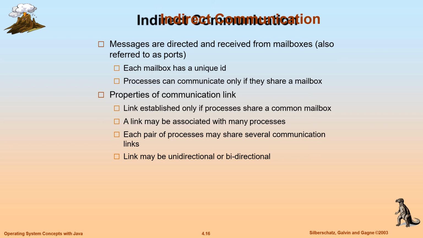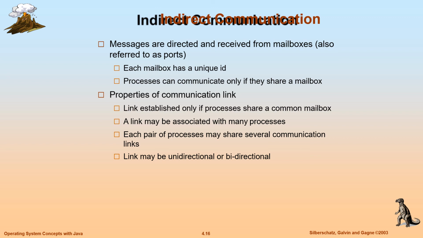So when the sender sends to a particular process, he is sending to the process's mailbox. Sometimes mailboxes can be handled by the process or else the operating system. Processes can communicate only if they share a mailbox. Both should know the mailbox number, and only then can they communicate with each other.